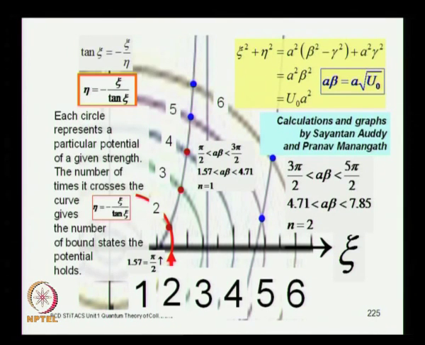thanks to Pranav and Sayantan who did the calculations in the graph for me, and these are the graphs which have been used over here.